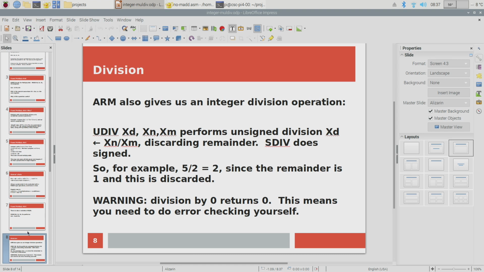One warning here is in the integer world, there is no way to encode plus infinity or error or anything like that. So if you divide by 0, what's going to happen? Well, there's no way to encode that. In floating point there is, as we'll discuss next week, but with integers there's no way to encode the idea of error.